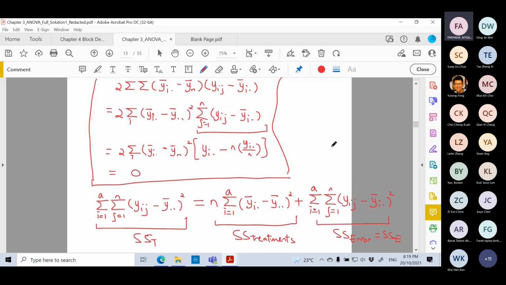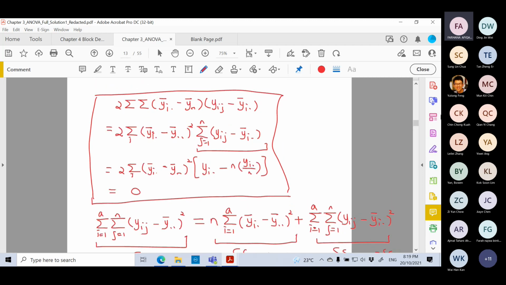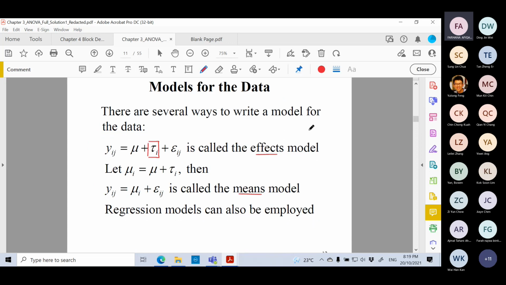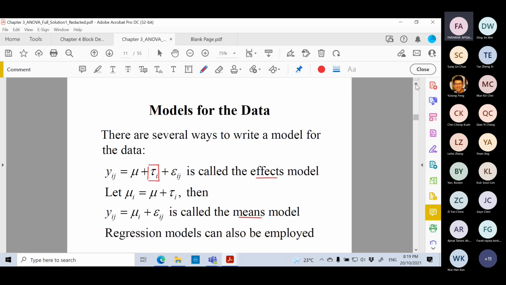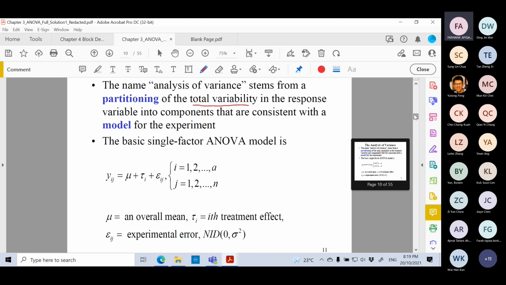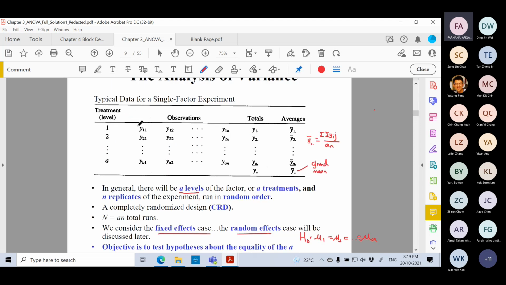If you recall the diagram of the table, you can see that if you use the observation minus the mean here, you get the variation within each level. If you use the mean here minus the overall mean, you see the variation of the different treatment levels.